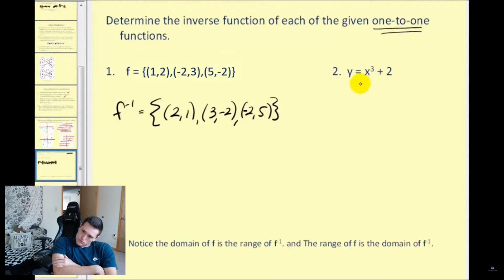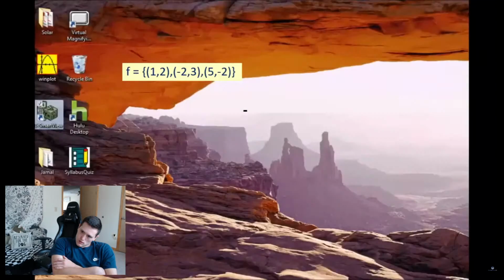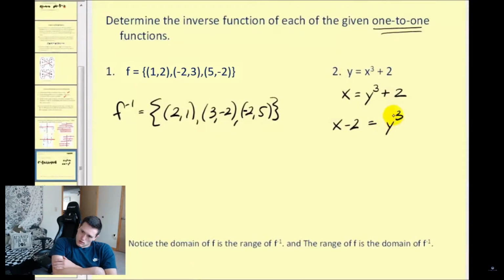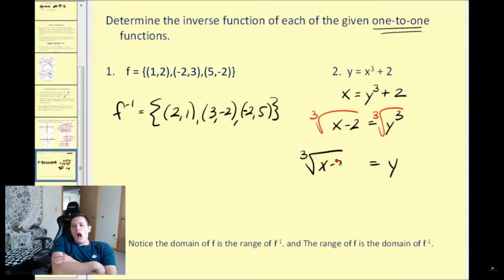Next we have an equation that we want to find the inverse of, so we're going to interchange the x and the y variables, so we'll have x equals y cubed plus 2. This is our inverse function, but now we do have to solve this for y. So we'll subtract 2 on both sides. Next, to find y, if we have y cubed, we'll take the cube root of both sides, so we'll have y equals the cube root of x minus 2.